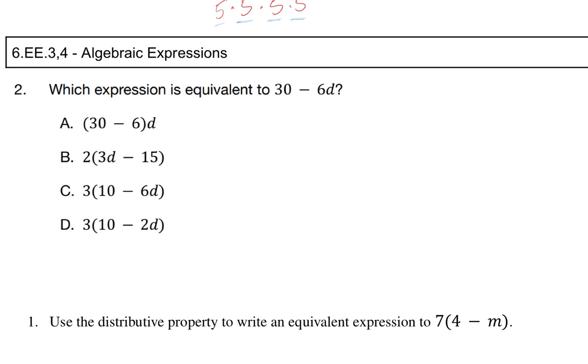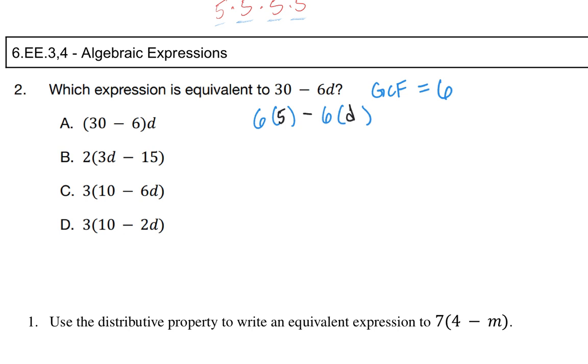And I knew a lot of students that did this problem identified that, hey, the GCF between these two terms is 6. And so dividing out the 6, right? 6 times 5 is 30. 6 times D is 6Ds.